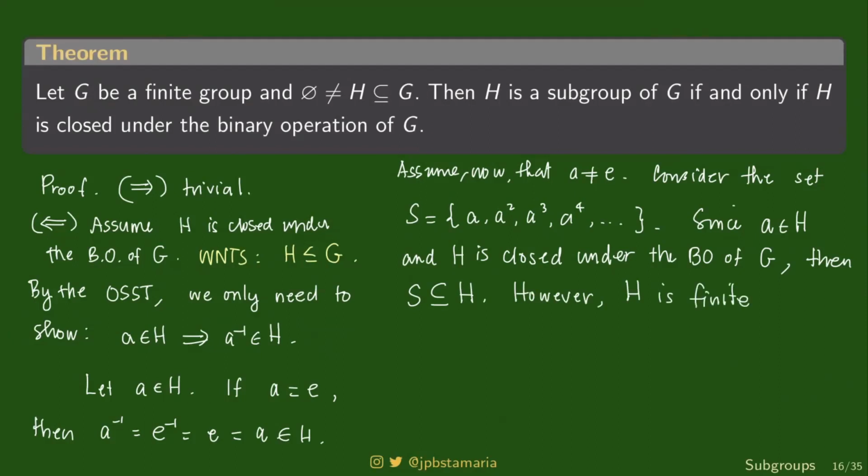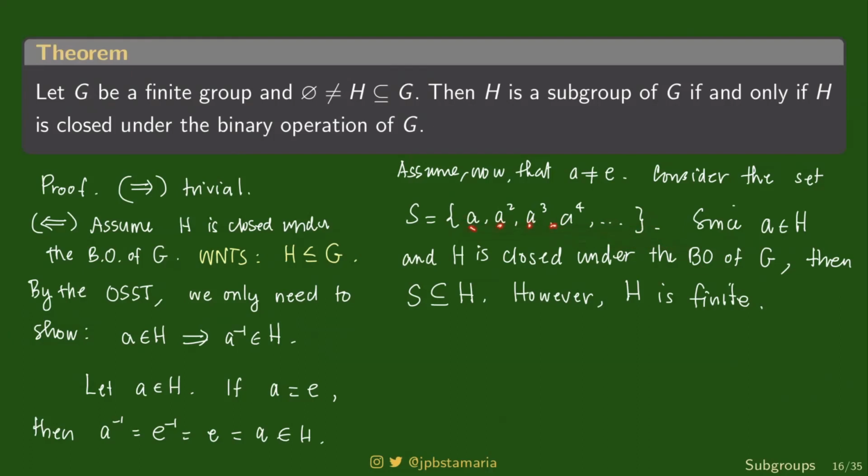Kasi si H ay subset ng isang finite na group, so it must be finite itself. Ibig sabihin, sa listahan na to, dapat there are infinitely many positive powers of A. Ibig sabihin, sa listahan na to na infinite, hindi yan magkakaiba-iba. Eventually, elements or powers has to repeat. Naintindihan ninyo?